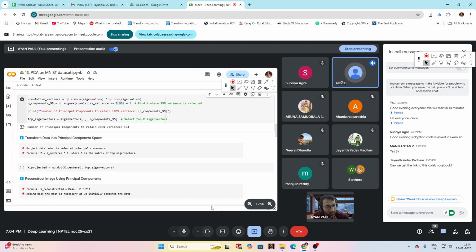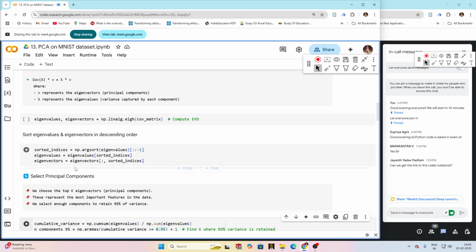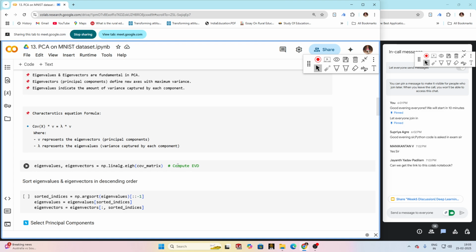On top of that only we calculate the vectors, right? Basis are nothing but your principal components, right? So you want to see the principal components also. We derive basis vectors based on this formula, to get the eigenvectors and eigenvalues, right? Where is the formula? This is the formula, or this is the code.